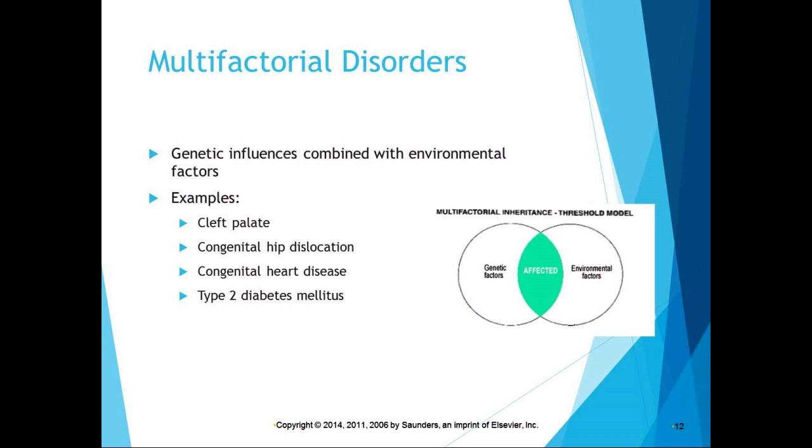It's a mystery as to how they interact, but there is a multifactorial effect. It's not just having the genetic disorder, there's also an environmental factor involved. Some of the neurodegenerative diseases, like multiple sclerosis and Guillain-Barré, might be considered multifactorial disorders because it's not purely genetic, it's not purely environmental. There is an interaction between multiple factors.